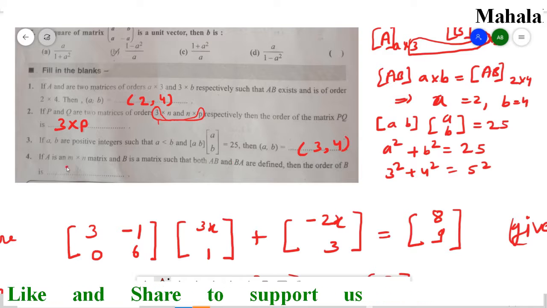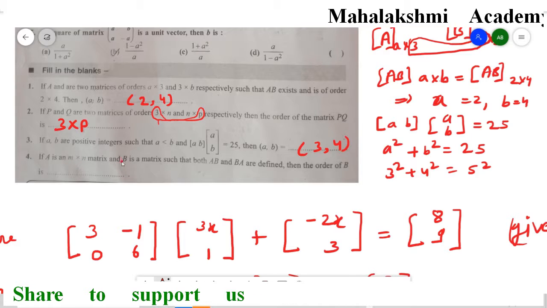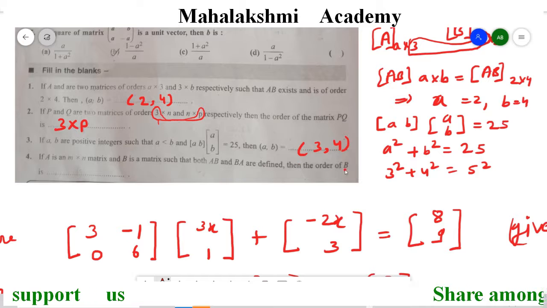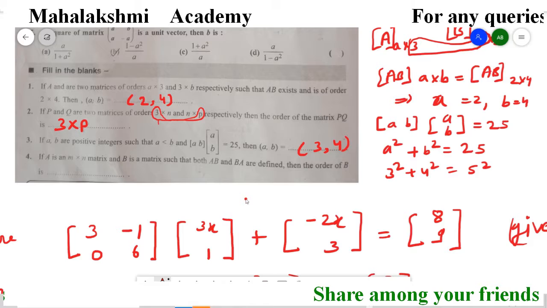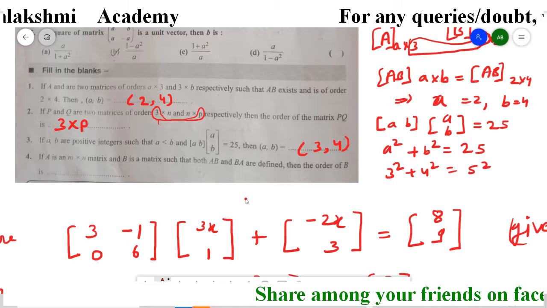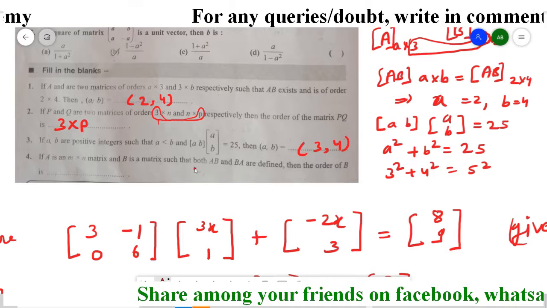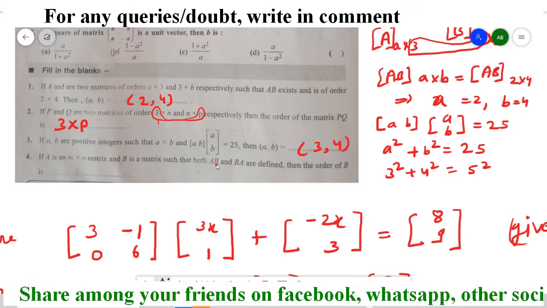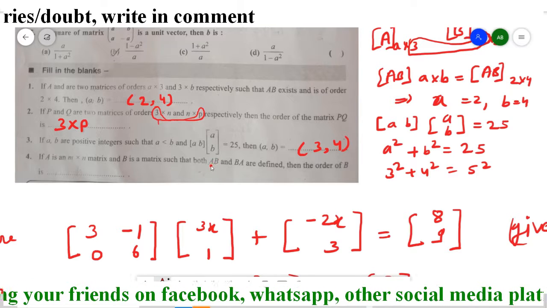Now the next one. If A is an M cross N matrix and B is a matrix such that AB and BA are defined, then the order of B is. So student, here AB is defined. If AB is defined, then B's row is equal to A's column.